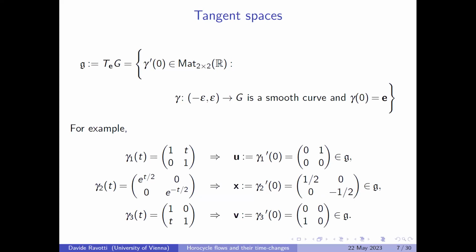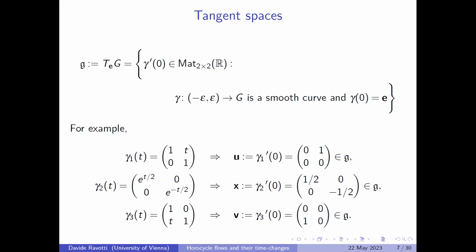And as a third example, you can do the same with the curve of matrices 1, 0, t, 1. And again, if I take the derivative at 0, I get 0, 0, 1, 0. And this is a third element in my tangent space at the identity, and I call it boldface B. Okay, so these are three elements in little g, and if you look at them long enough, you notice that all these three matrices have in common the fact that their trace is 0.